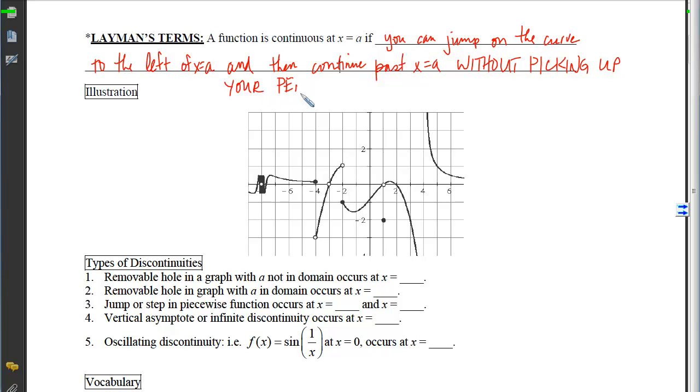So pretty much every time you have to pick up your pencil, you have hit a discontinuity. So as long as you aren't picking up your pencil, you will be continuous.